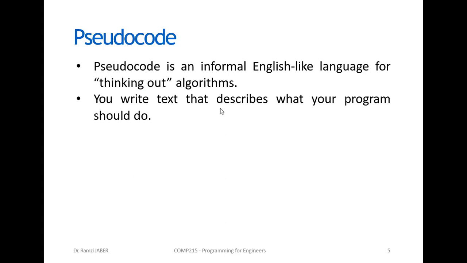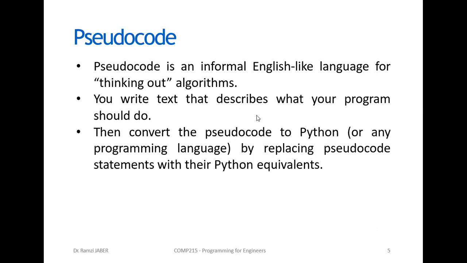You write text that describes what your program should do, in English. Then convert the pseudocode to Python or any programming language by replacing pseudocode statements or sentences with their Python equivalents. Pseudocode is when you write an algorithm in English.